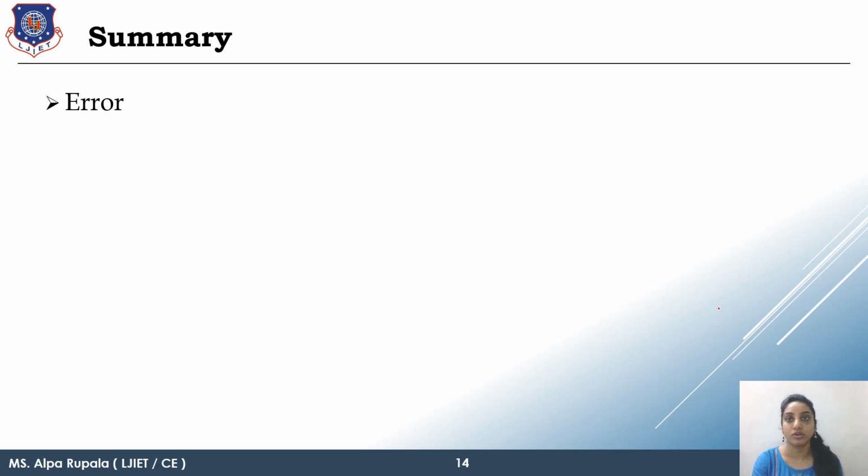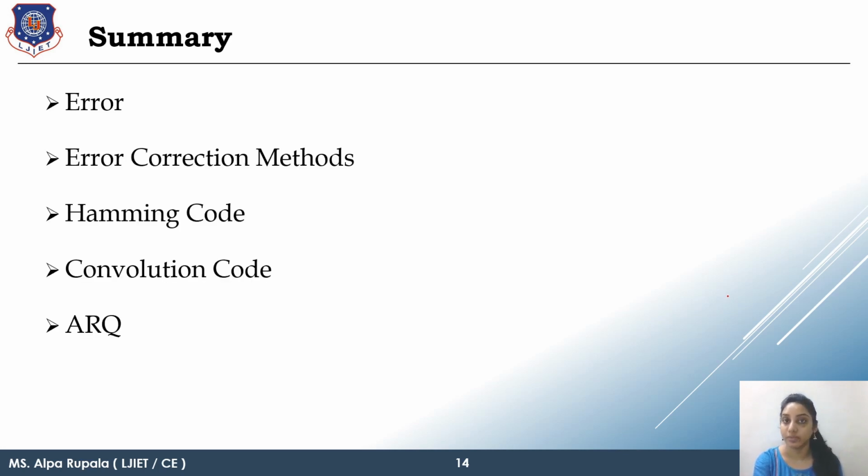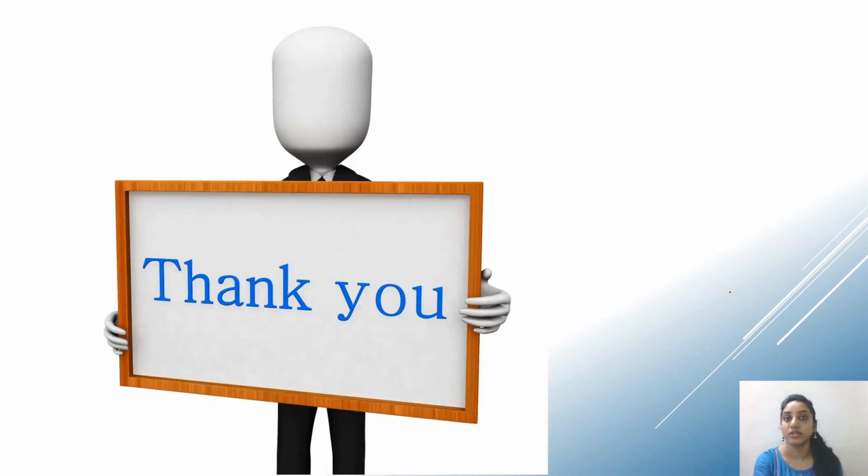Hamming code, parity, CRC and checksum are important, because we can be asked for examples of them. Then we learned about the sliding window protocol and ARQ. ARQ has three types: stop and wait ARQ, Go-Back-N ARQ, and selective repeat ARQ. Selective repeat ARQ is used nowadays.